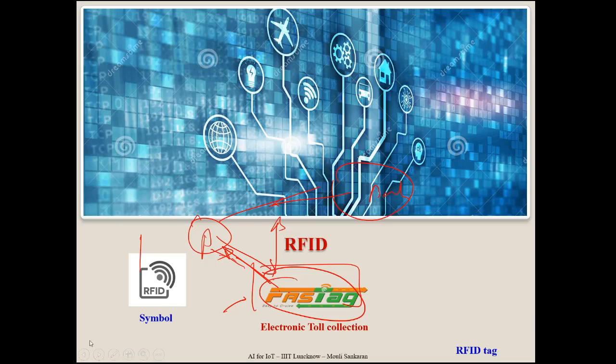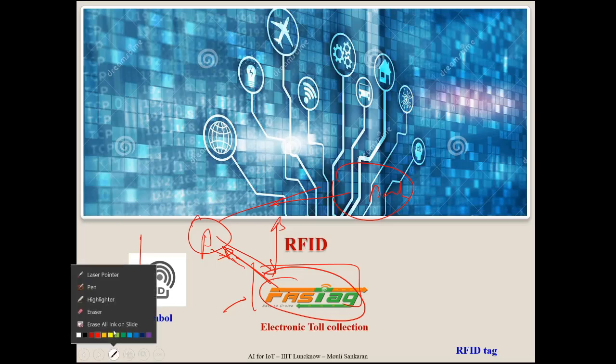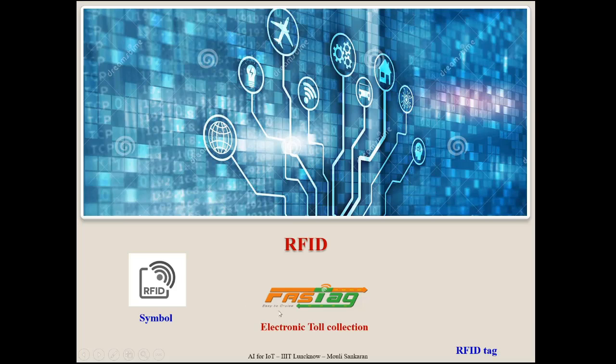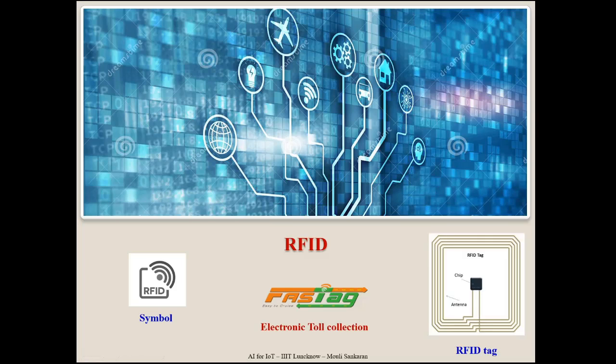So FASTag is a technology which uses RFID to communicate some information back to the toll gate. You get the identity of the car, and then the backend uses that information to access your linked bank account, so that it can deduct the money from there, and then it allows you to pass through the toll gate without stopping.